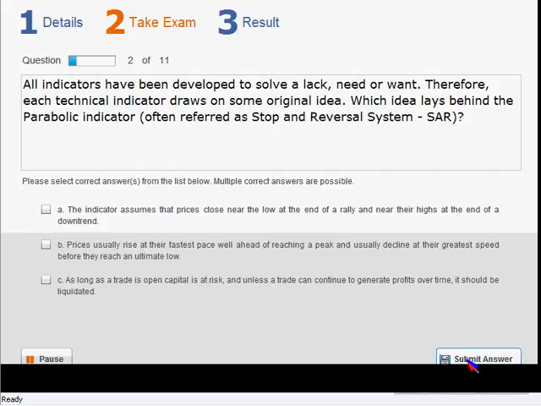The second one says prices usually rise at their fastest pace well ahead of reaching a peak, and usually decline at their greatest speed before they reach an ultimate low. And C, as long as a trade is open, capital is at risk, and unless a trade can continue to generate profits over time, it should be liquidated.